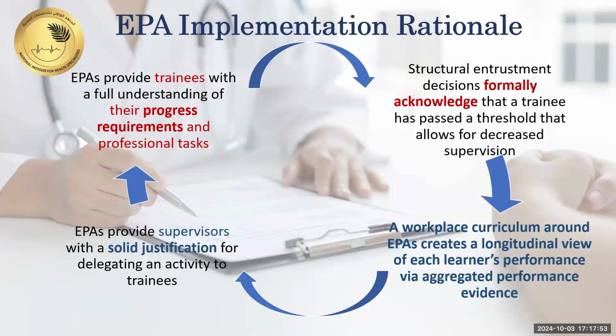To go again to the rationale of implementation, the EPA provides the trainee with a full understanding of how they are progressing, what the requirements of their progress are, and what they need to do, what the professional tasks are. Also, there is a formal acknowledgement of their passing thresholds and being allowed to decrease supervision.